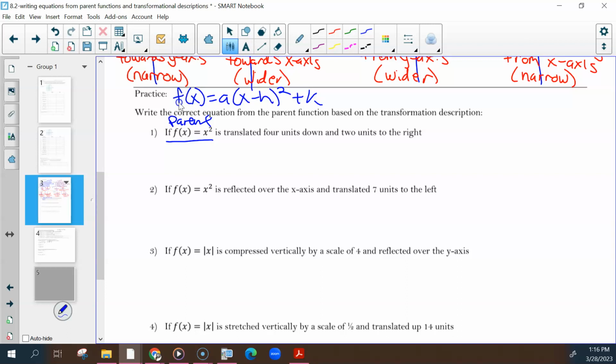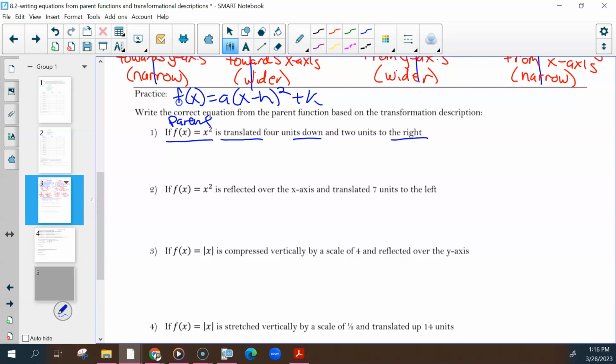Translated 4 units down. Translated, yes. And it does say down. The 4 is important, but the direction is more important right now. But it also says and to the right. If it's translated 4 units down, is that going to be a vertical or a horizontal transformation?